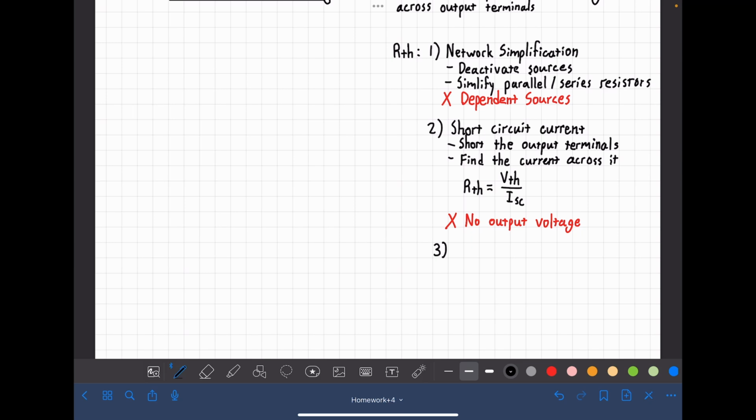In this case, use the external source method. So this involves deactivating the independent sources and applying a test voltage or current to your circuit.